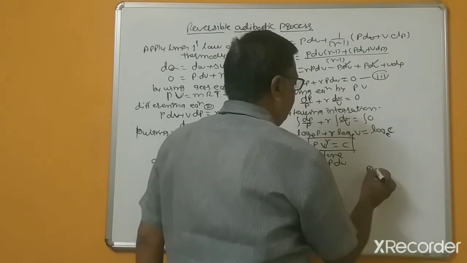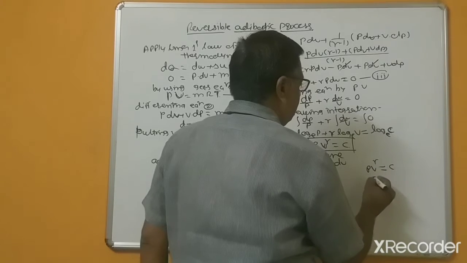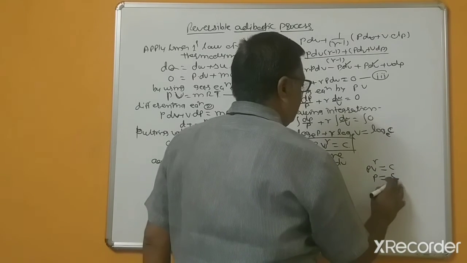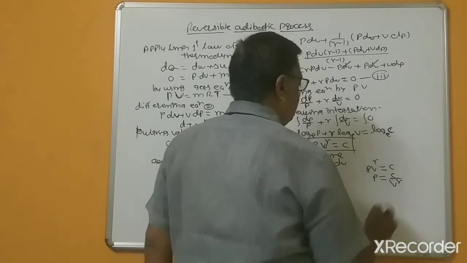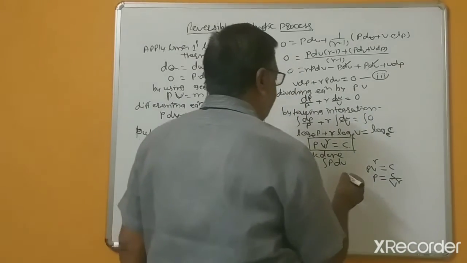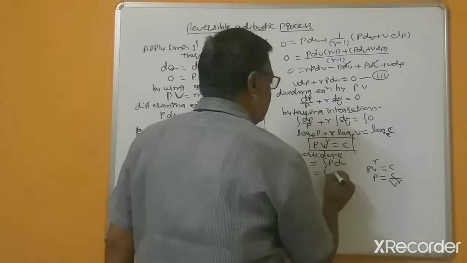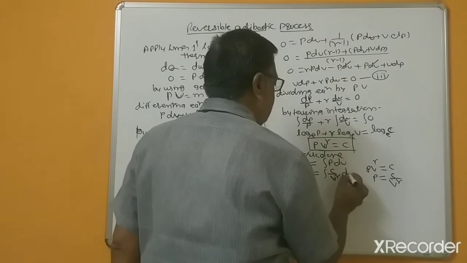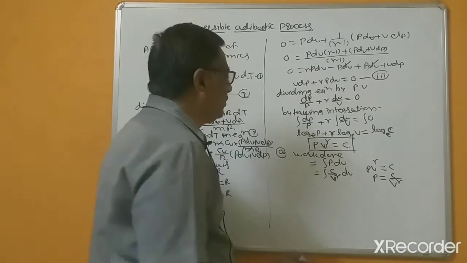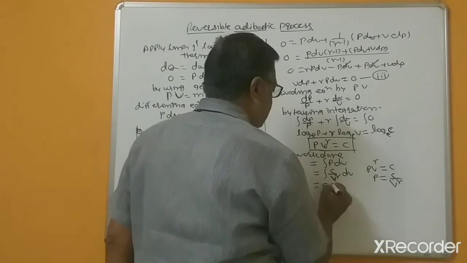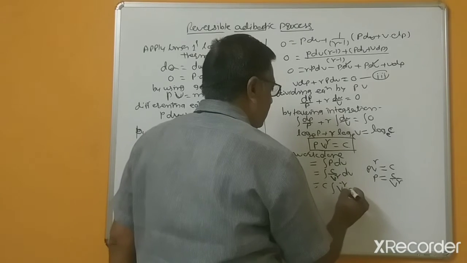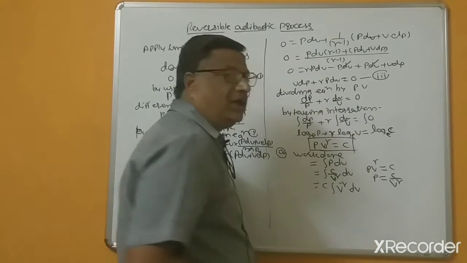Using PV raised to gamma equals C, P equals C divided by V raised to gamma. Now putting C V raised to minus gamma into dV, taking the constant C outside, we get the integral of V raised to minus gamma dV.